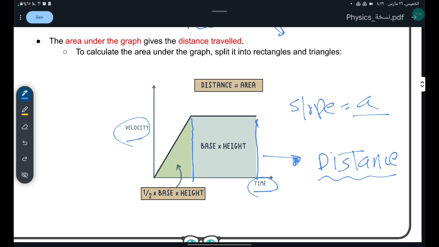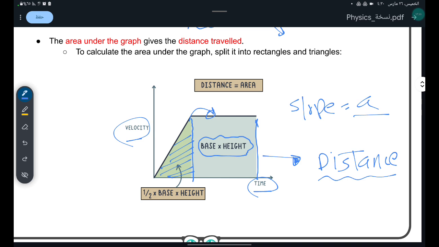To find the area under the graph, we are going to find the area of the triangle plus the area of this shape.